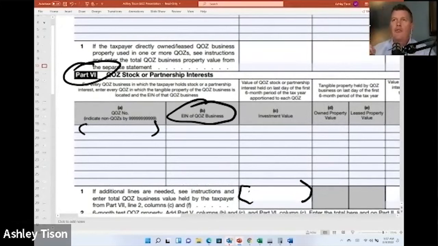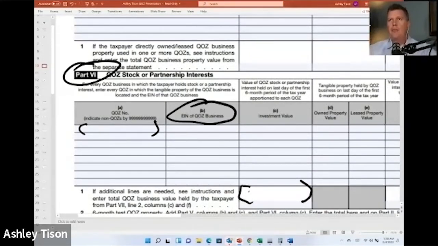Now, if you are investing into a QOZB that's run by somebody else, you're going to want to make sure that you've got in your investment documentation an obligation for them to assist you with getting this information, because you're going to have to break it down by census tract where they actually hold their individual properties.